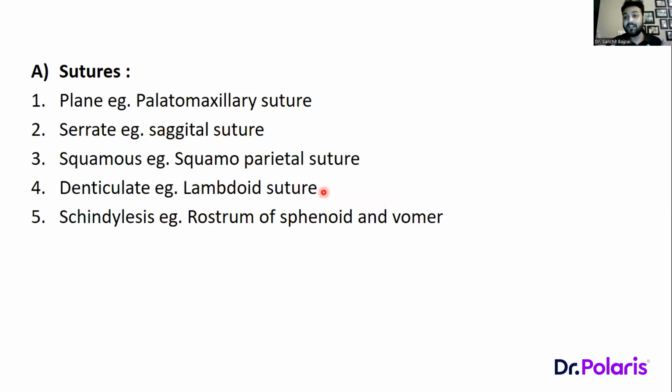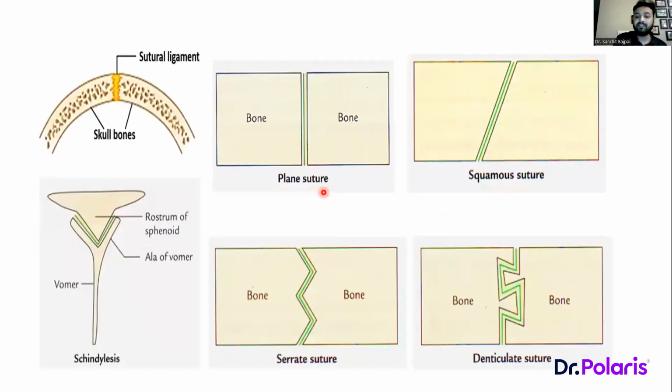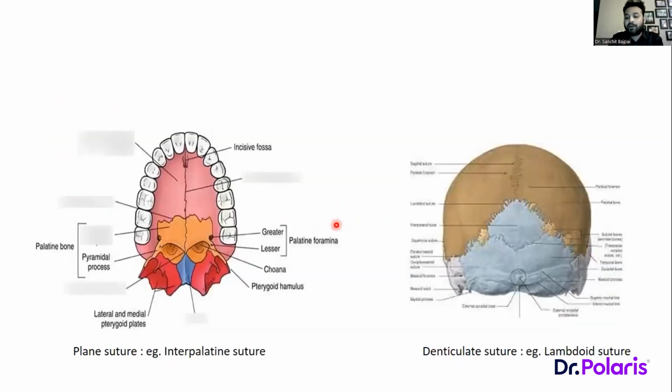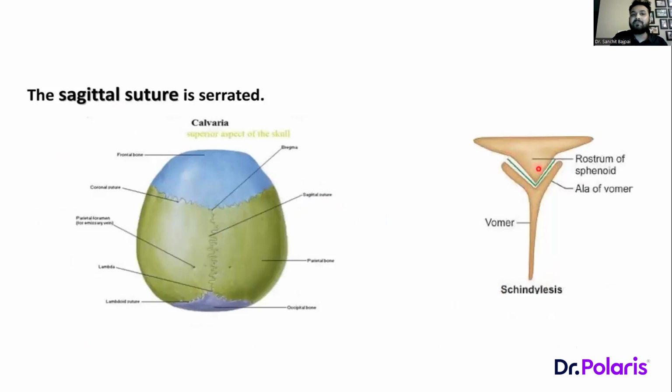Remember like this. Now, where do you find this key and socket type of arrangement? You have a very important bone which is just present behind your nose. That particular bone has been given the name vomer.